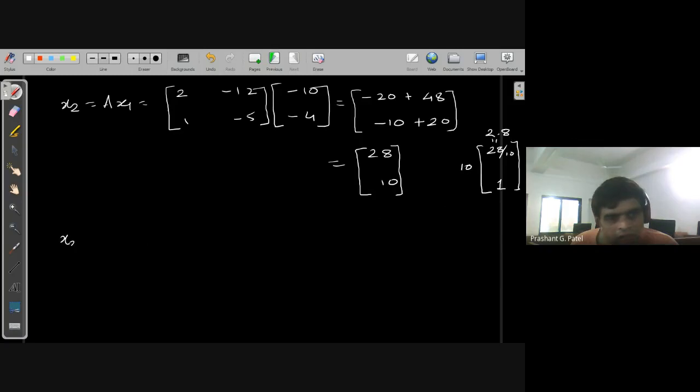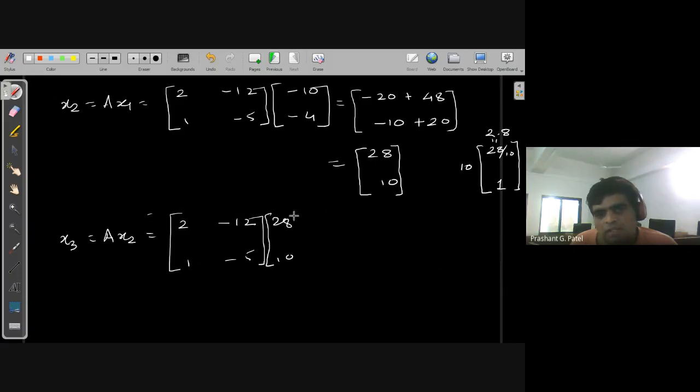Now we need to calculate x3, that is A of x2. That gives me 2, minus 12, 1, minus 5, times (28, 10), that is our x2. If you multiply this, it gives me 56 minus 120, because 2 into 28 minus 12 into 10, then 28 minus 50.